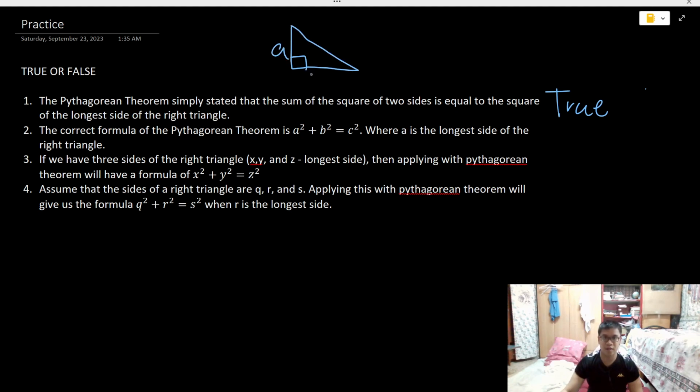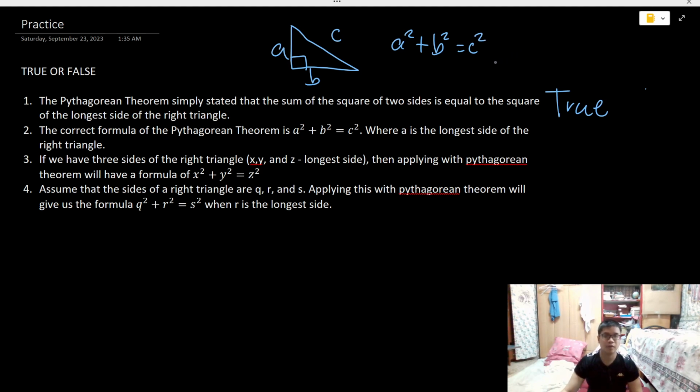So we have A, we have B, and we have C. Your A and B are the legs, or the sides, of the right triangle. C, on the other hand, is the longest side. So if you apply Pythagorean theorem, you will have A squared plus B squared is equal to C squared.